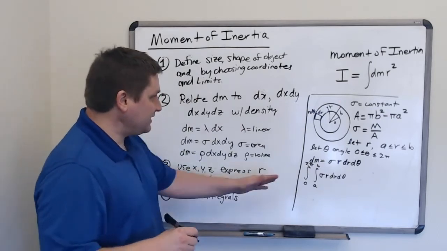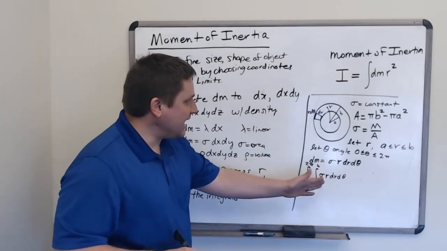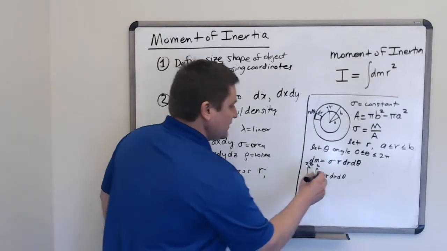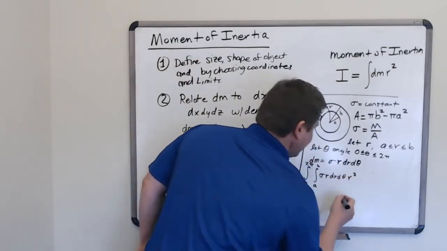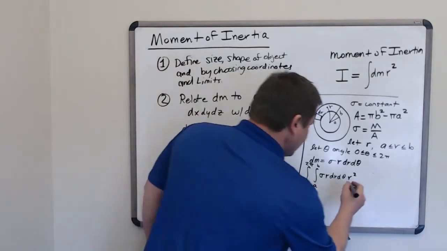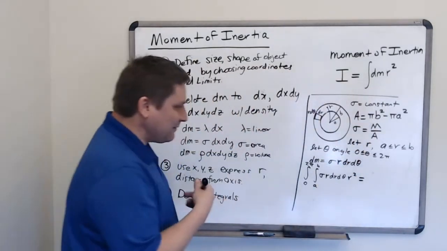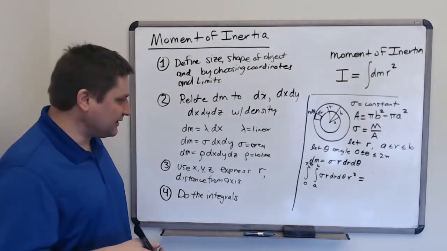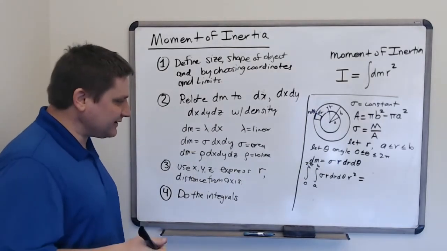So that's my integral symbol, my dm, and my r squared is just that, r squared. Okay? So my claim before about these integrals not being usually too nasty seems to be correct here.